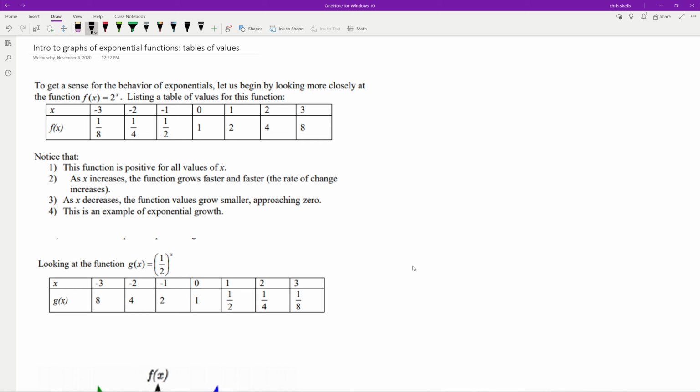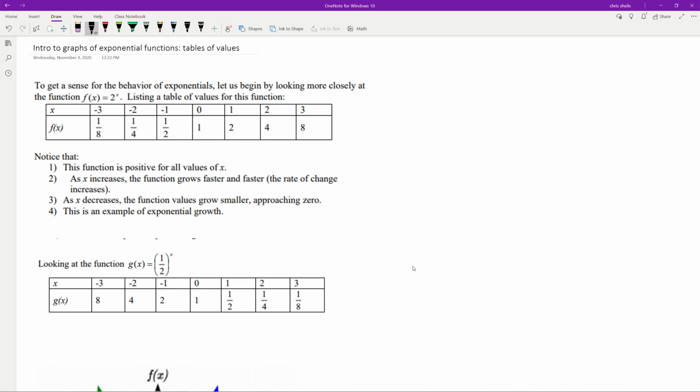This function is still going to be positive for all values of x. But in this case, the function is going to grow as x decreases, right? As I go farther to the left on this function, it's going to be going upwards. And this function is going to decay as I move to the right.